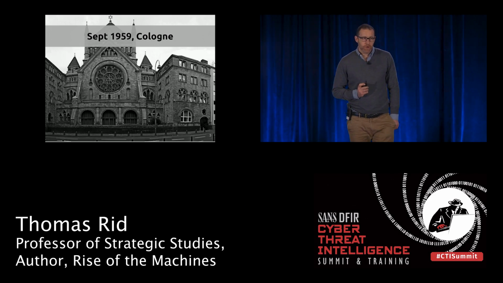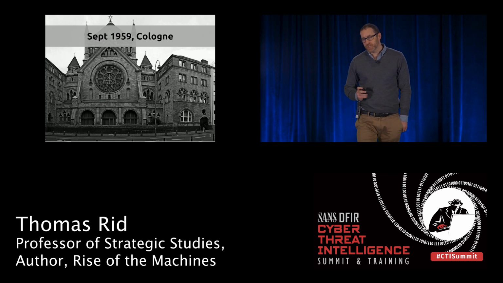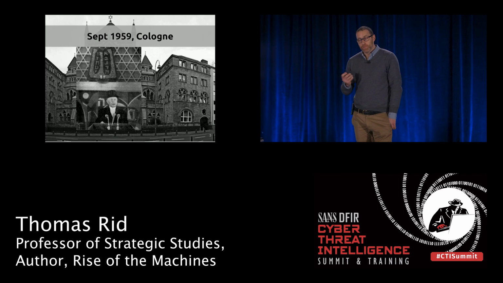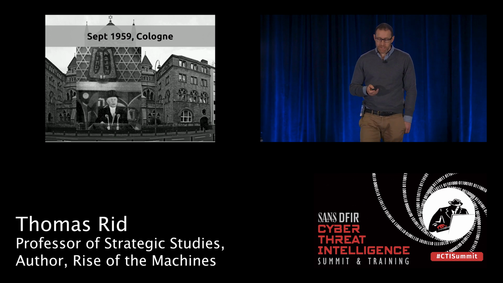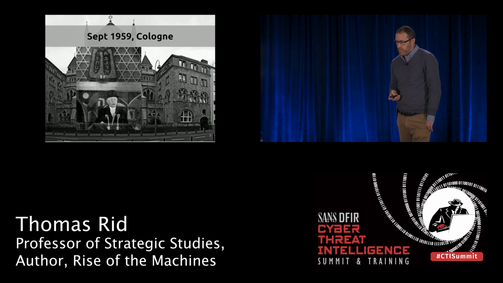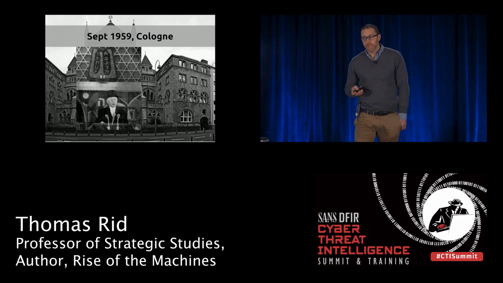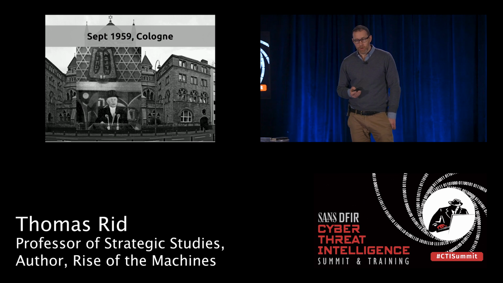So the story starts in September 1959, actually a few months earlier, but we don't know this yet. This is a picture of the synagogue in Cologne, Germany. The synagogue had just been reopened in September by the German chancellor at the time, Konrad Adenauer, in a bit of vintage dress here, giving the opening speech in the synagogue.